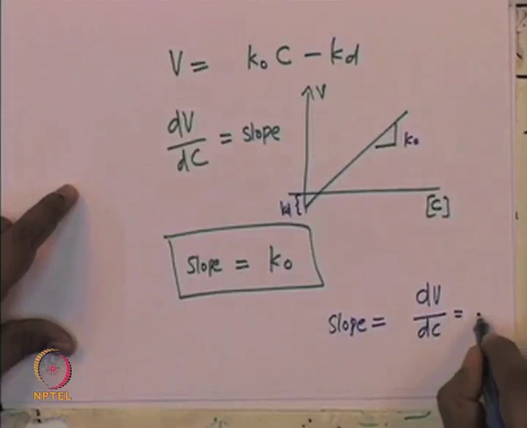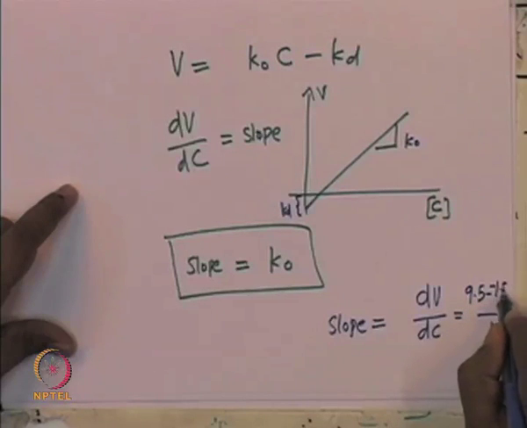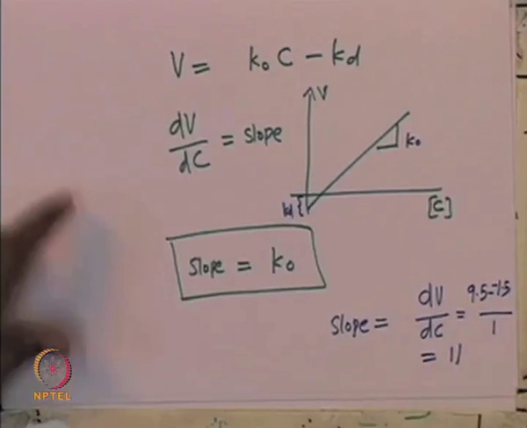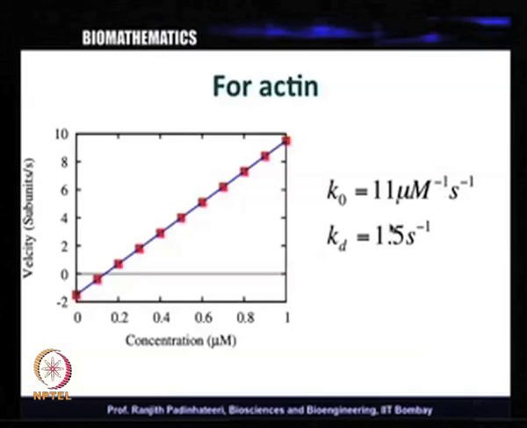So, dC is 1 and dV is 9.5 minus minus 1.5, which is 11. So, that is how you get the answer 11. Take this value of 11 and 1.5 and draw yourself a graph, which will look like this, and you can learn from it.